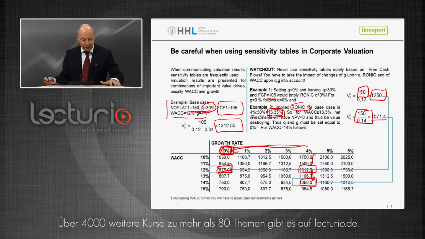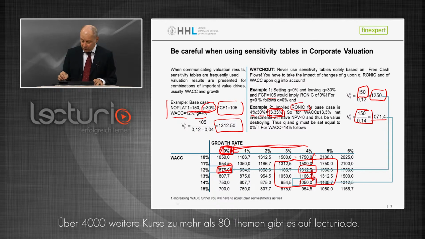So what can we infer from this? First, that sensitivity tables with big steps with respect to the growth rate, in absolute percentage points, and with the WACC are dangerous. One solution would be to restrict our attention to smaller steps around our base case, because within these smaller steps we may stick to the same constant retention rate.